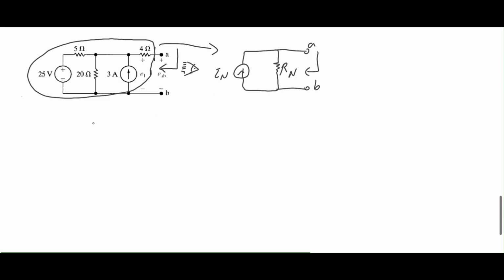Okay? So first off, let's try to find R Norton. Do I need to resolve this circuit to find R Norton if I've already figured out R Thevenin? The answer is no, because the Norton equivalent resistor and Thevenin equivalent resistor are the same.